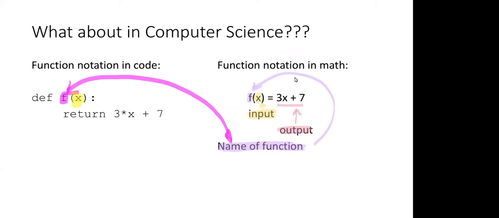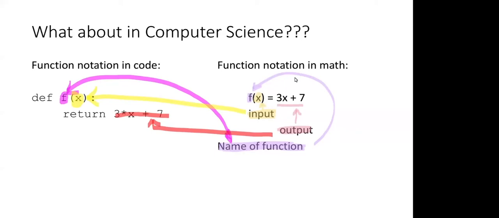So this right here, inside of the parentheses, very similar to math, would be the input. And then we also have our output. Our output is this. These two functions are equivalent to each other. One is just written in a mathematical context. The other one is written in a computer science context.